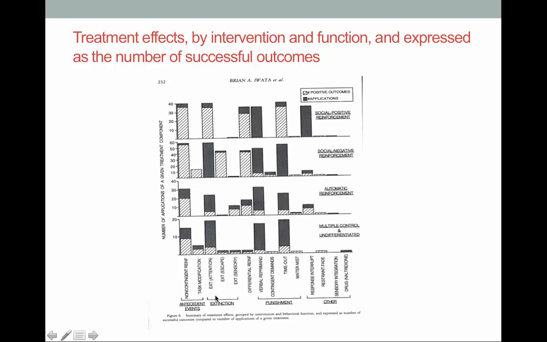On the other hand, extinction. Well, extinction for negative reinforcement means you're not going to allow them, attention extinction. So you're going to turn away from them and not provide any attention if they engage in SIB.